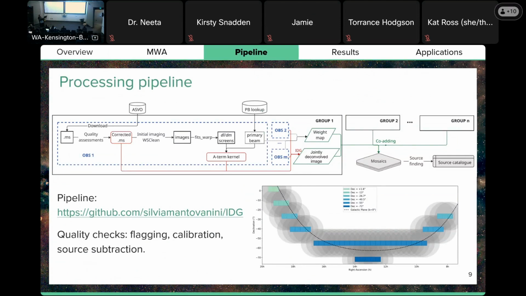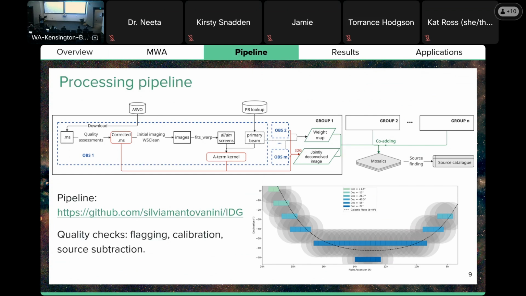We divided the sky into small groups, as you can see from the bottom right plot. Each square corresponds to a group composed of approximately 15-20 observations, in part taken from GLEAM and in part taken from GLEAM-X.